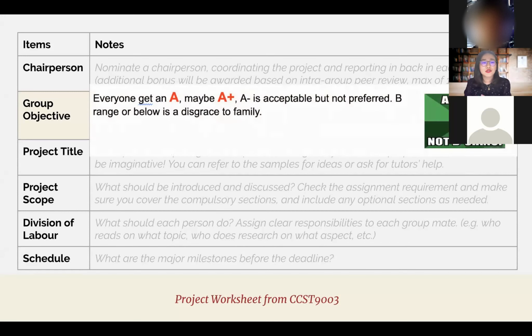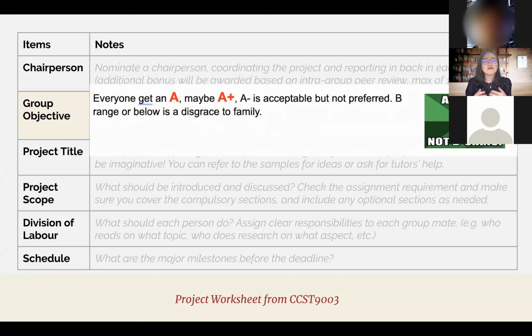This is the entry from one of the student groups in CCSD 9003. Everyone gets an A+, A- is acceptable but not preferred. B range or below is disagrees to the family. So apparently they had a very ambitious goal, excuse me. And when I put this screenshot and actually checked their grades from that assignment, everyone did get an A+.